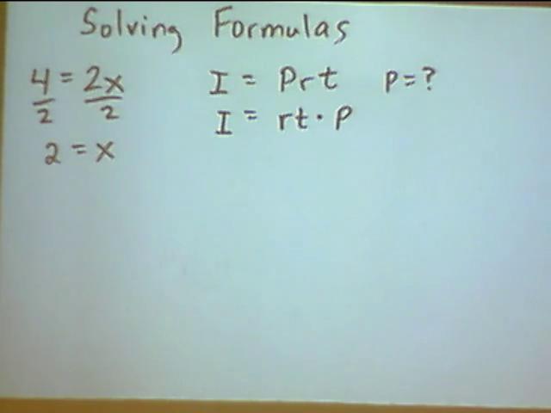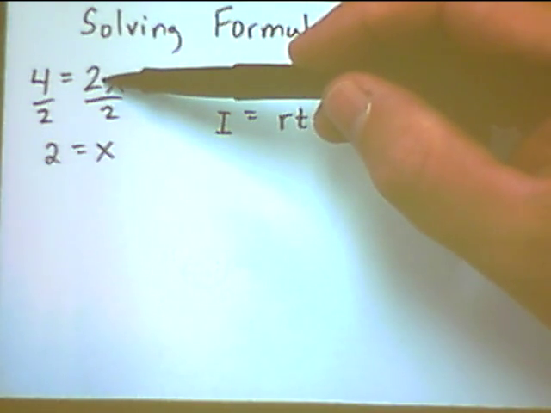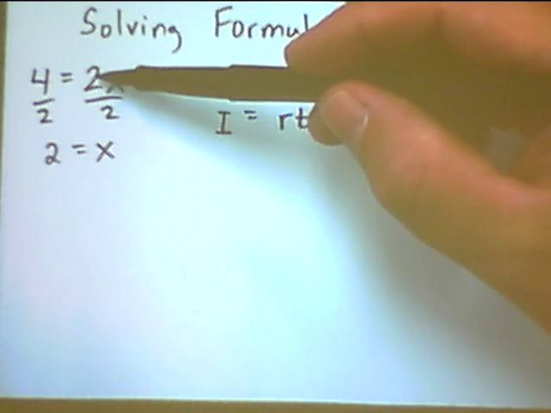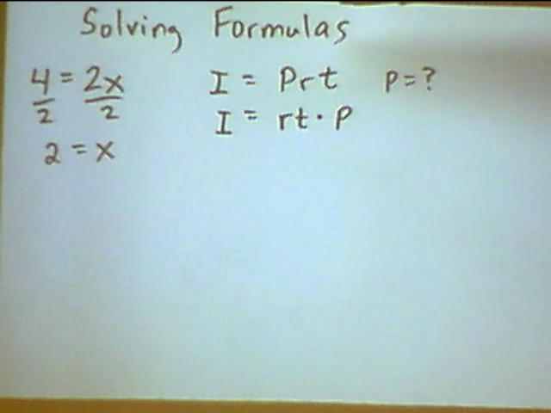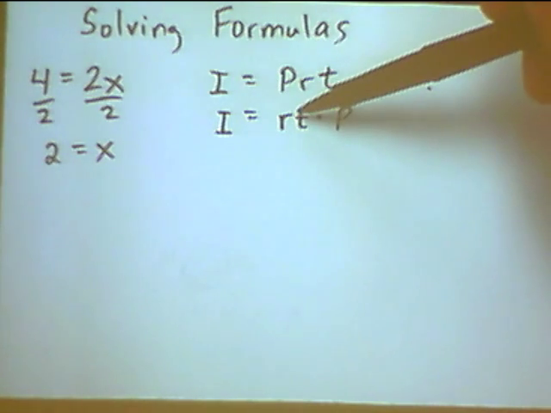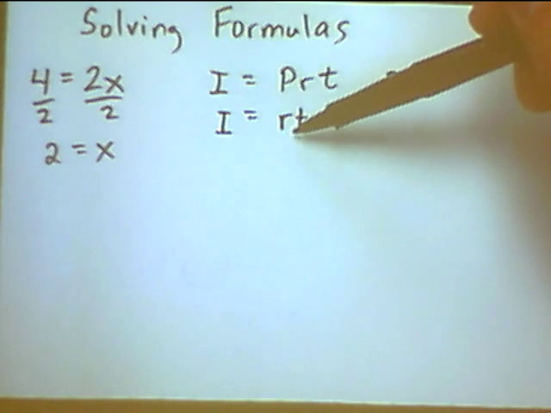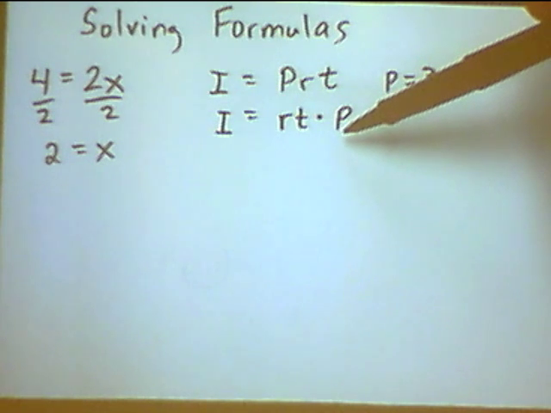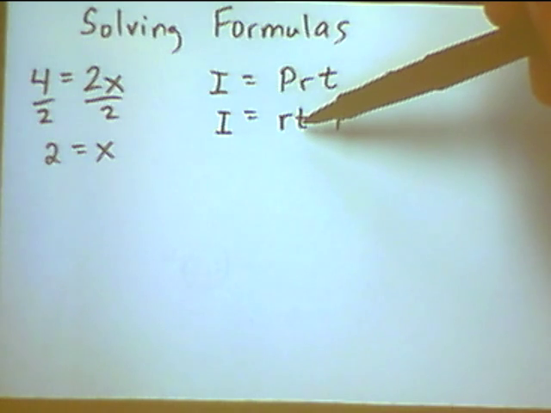Now if we go back to our example with numbers, when I had a number times my variable, how did I get rid of or move that number? I divided both sides by whatever was multiplied by the variable. We'll apply the same principle here. Instead of a number, instead of a 2, I have these two variables RT, but they're still multiplied by the variable I'm trying to solve for. So what could I do to get rid of or to move this RT?